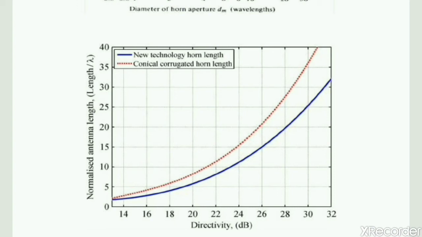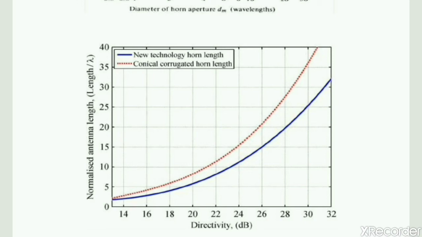Here also, as the antenna length increases from 0 to 40, the directivity increases. At the initial point, up to 2 to 3 wavelengths of normalized antenna length, the directivity is almost 0, then it increases up to 32 for a normalized antenna length of 30. So this gives a relation between directivity and antenna length: as the antenna length increases, the directivity of the conical horn antenna increases.